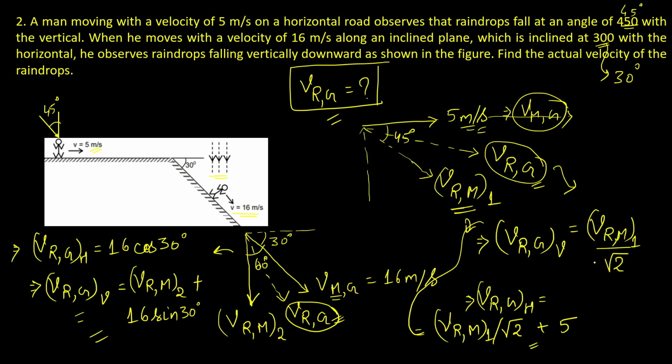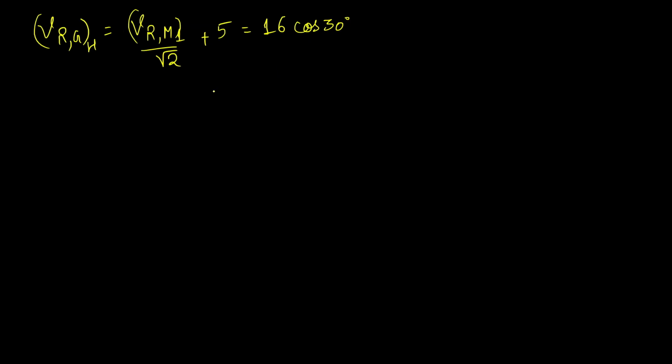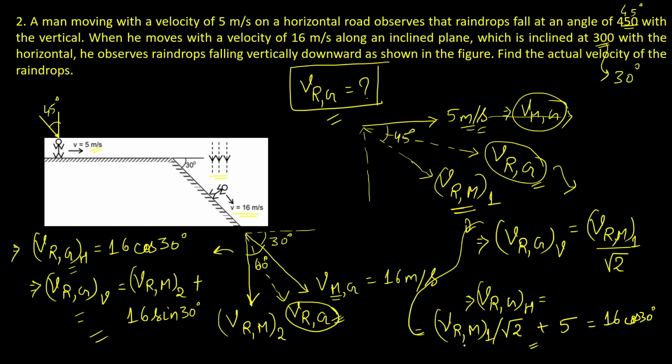Now let us see what we can do to find the actual velocity of the raindrops. Well, first of all we directly know VRGH, that is the horizontal component, which is 16 cos 30. So this can be equated to 16 cos 30 directly. So let us write that. So now we can find VRM1 from here, and that will be equal to what? Or VRM1 upon root 2 only. Why? Because if you find VRM1 upon root 2, then we will find the vertical component of the velocity of rain with respect to ground just by finding this.